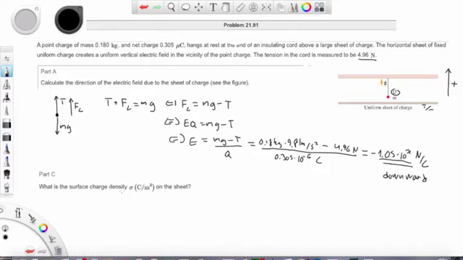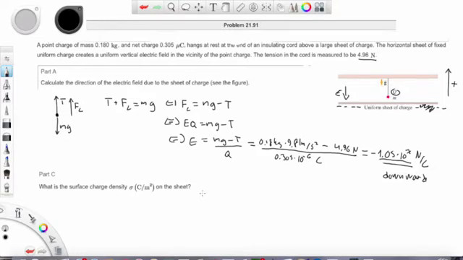In part C, we are supposed to calculate the surface charge density of this sheet, which is considered to be of infinite length. We already knew that because the electric field is downwards, E goes this way, then the sheet must be negatively charged.